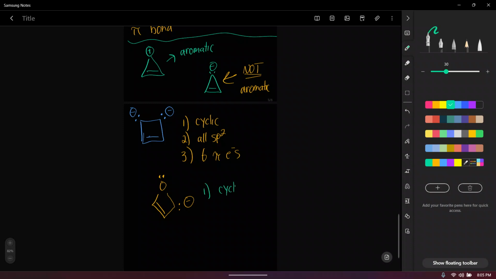So obviously this molecule is cyclic. So all carbons are sp2, and the oxygen lone pair can resonate. So being able to resonate means it's adjacent to a pi bond.